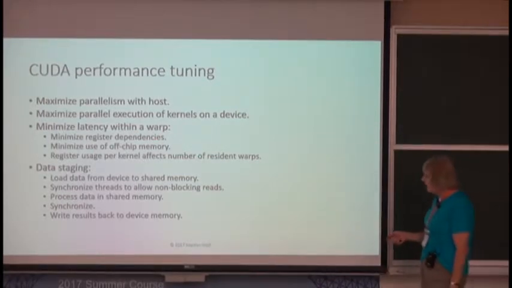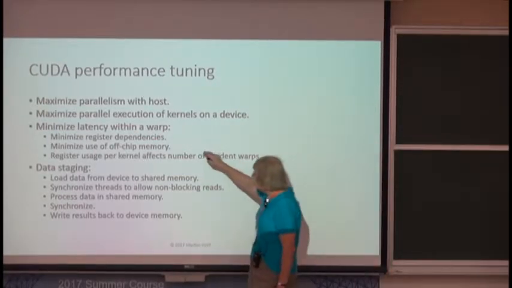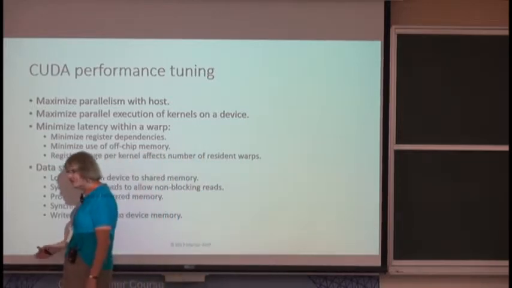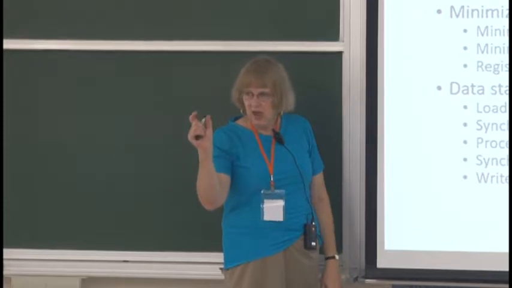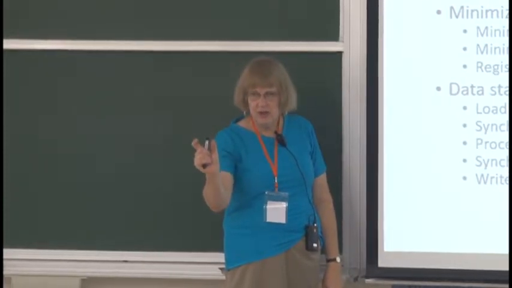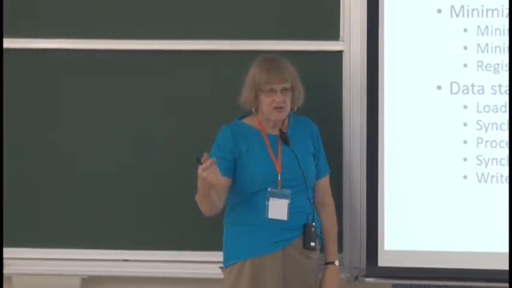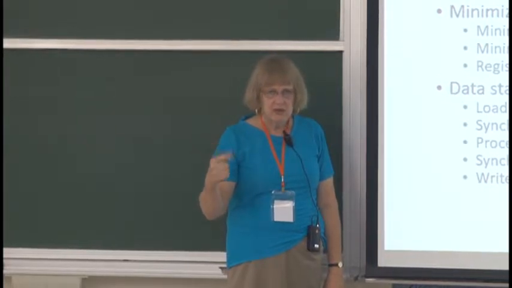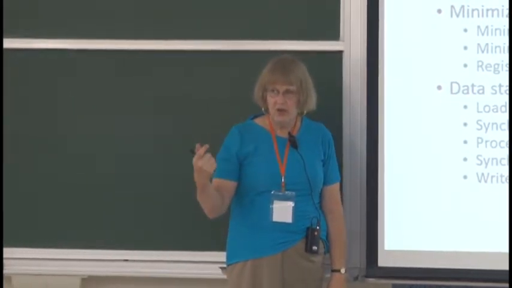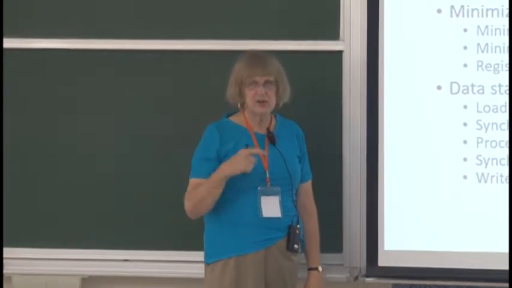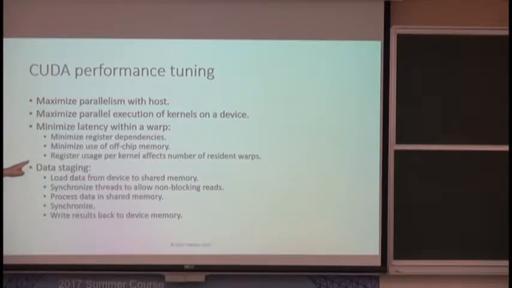So that means minimizing the number of registers that the warp depends on. Makes sense? You want to minimize the use of off-chip memory, okay? Because you have this nice local memory, very fast. The farther you go from that memory, the more expensive it is. And going to the HBM is going to be very expensive. Going to the host is going to be even more expensive.